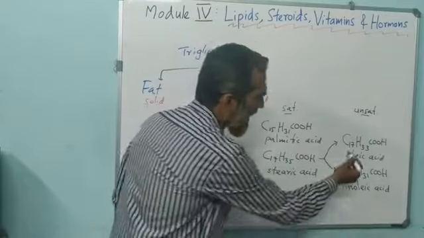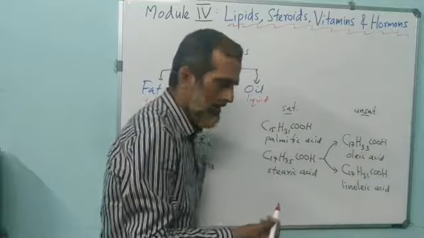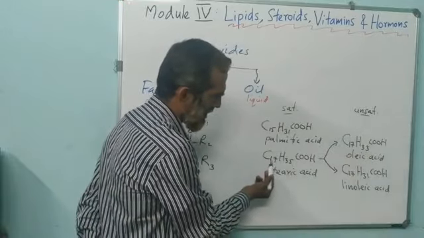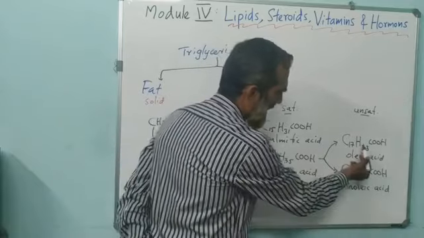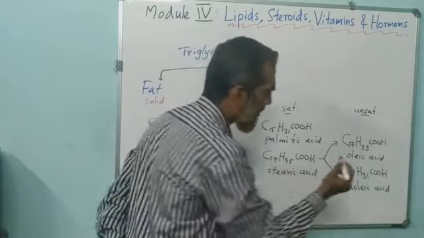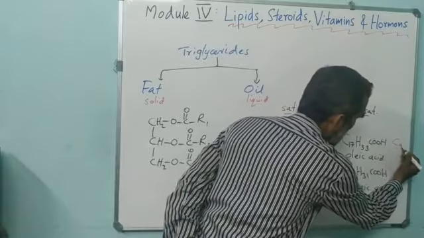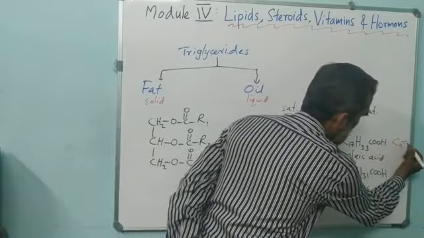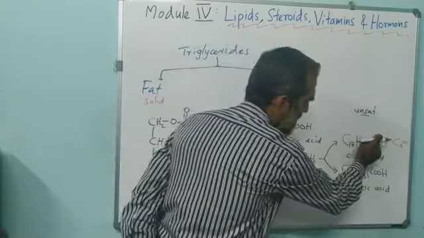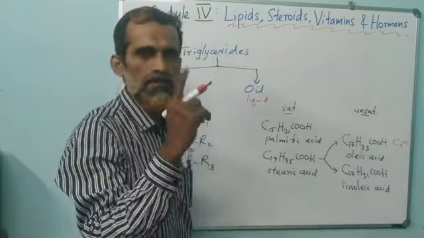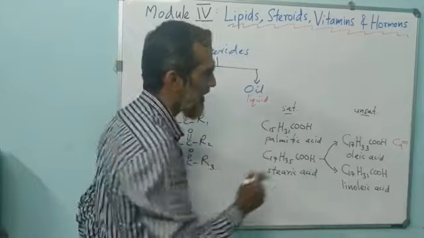In oleic acid, you can see it's coming from stearic acid, C17H35, 2 hydrogen less, so it has 1 double bond, and that is at C9. Okay, the double bond is at C9, so it's between C9 and C10, starting from the carboxylic acid carbon, which has priority and is numbered as 1.